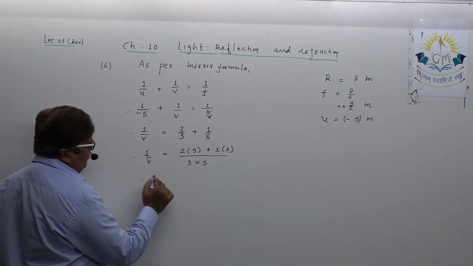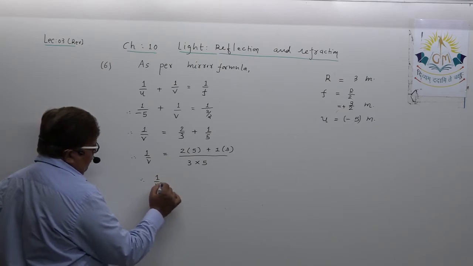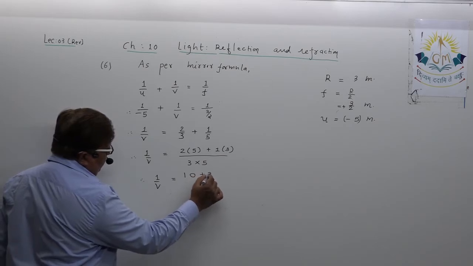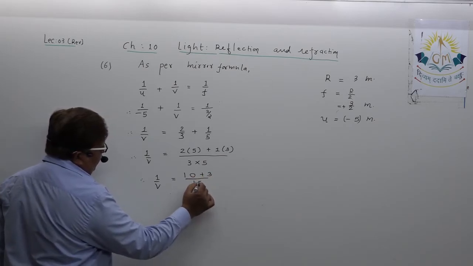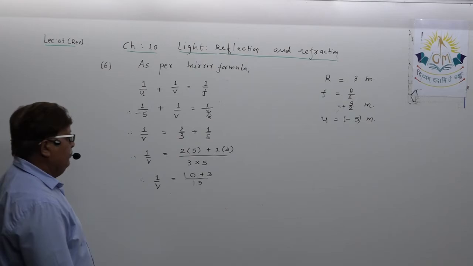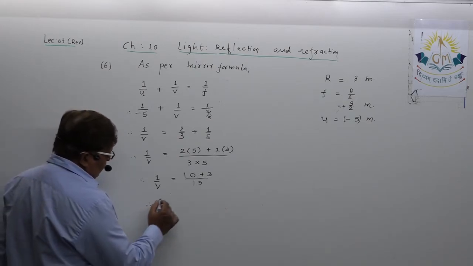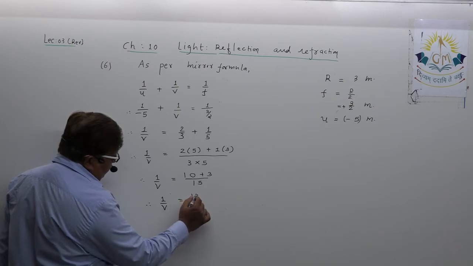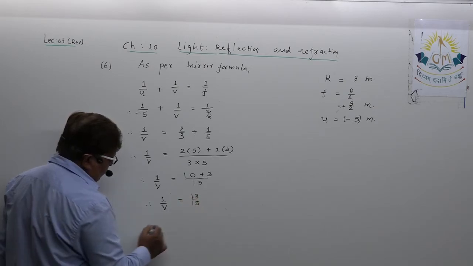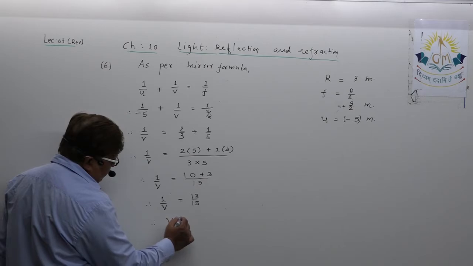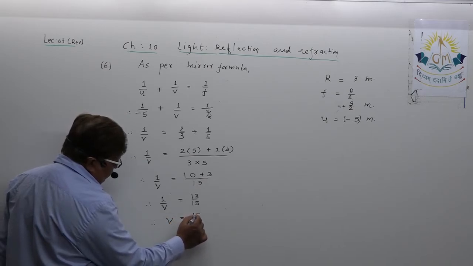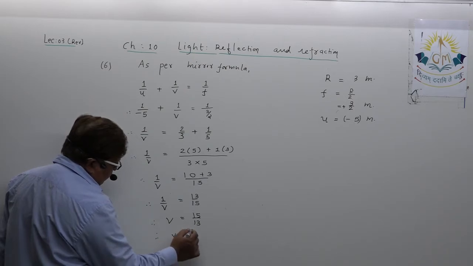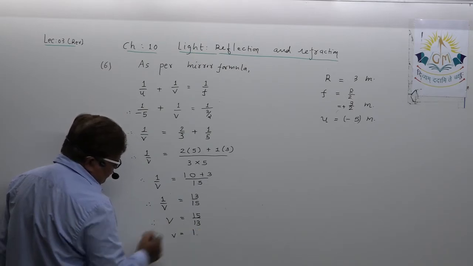Therefore, 1 upon v equals 10 plus 3 upon 15. So 1 upon v equals 13 upon 15. Just reciprocalize: 15 upon 13. Just divide, 13 ones are 13, 2 left.